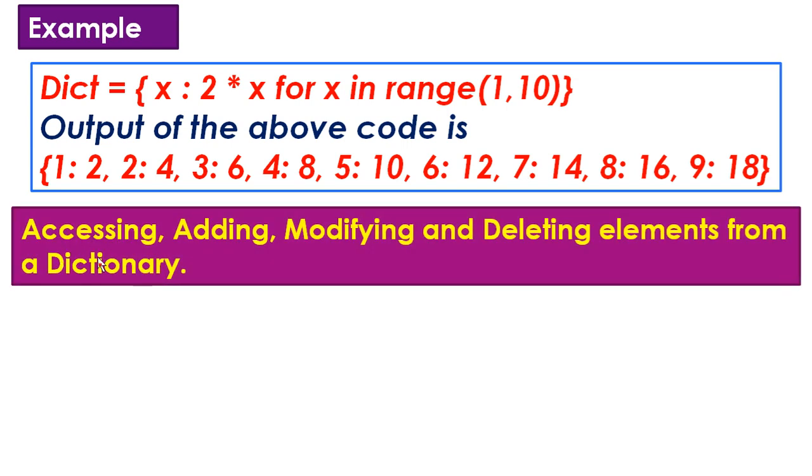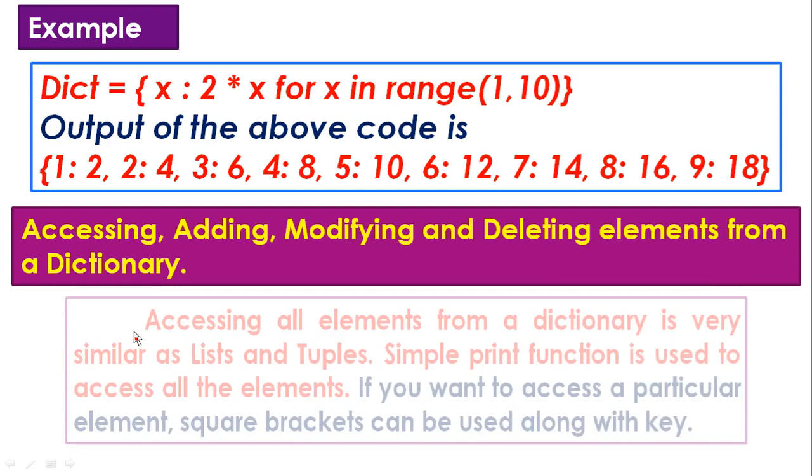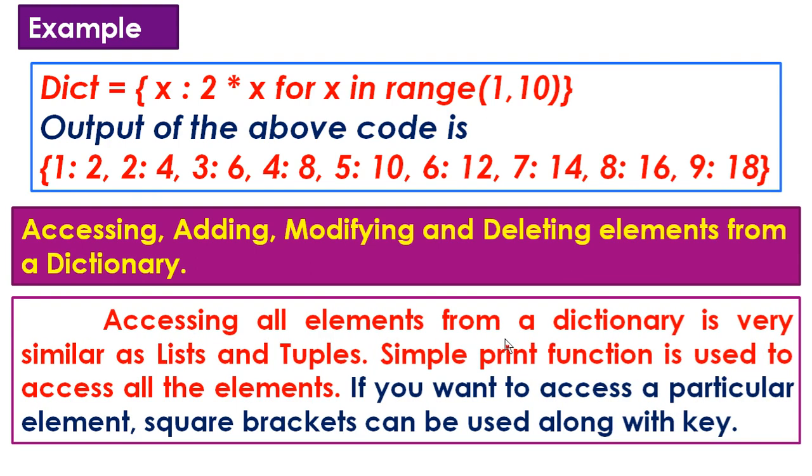The next title is accessing, adding, modifying and deleting elements from a dictionary. Accessing all elements from a dictionary is very similar to lists and tuples. A simple print function is used to access all the elements.